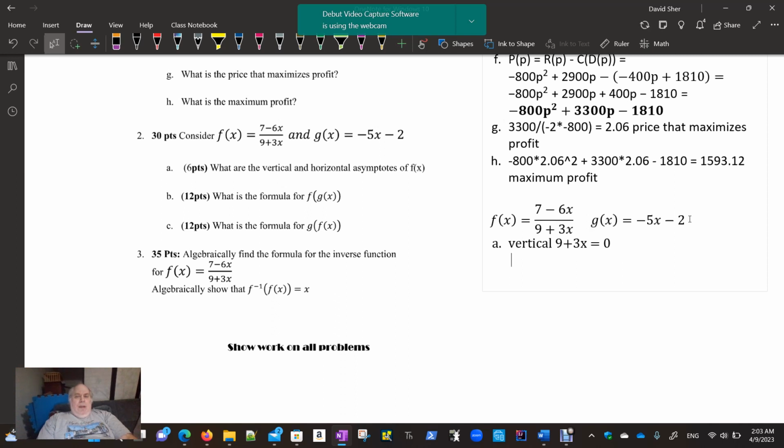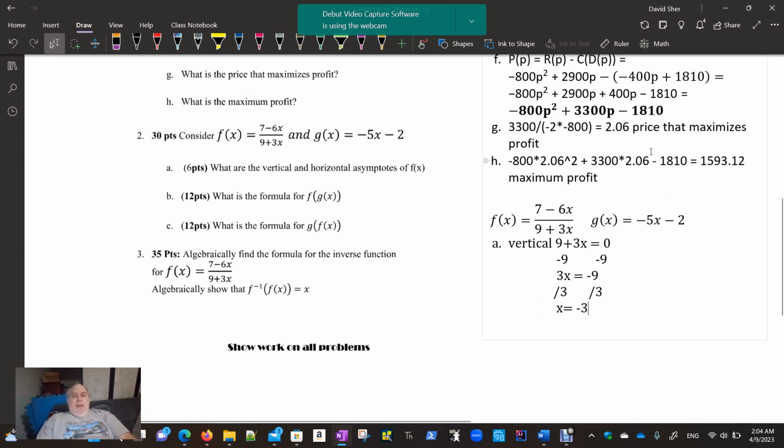And that gives me, we'll subtract 9 from both sides, 3x equals minus 9. Finally, we'll divide both sides by 3 to get x equals minus 3.